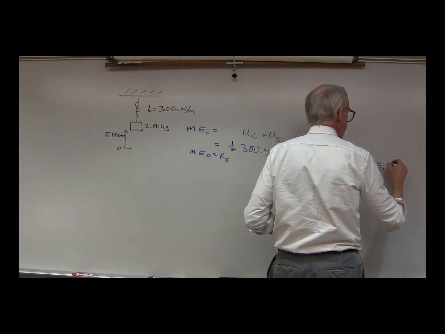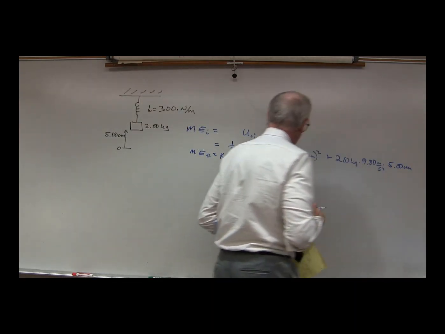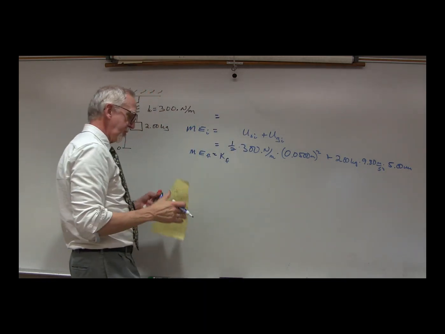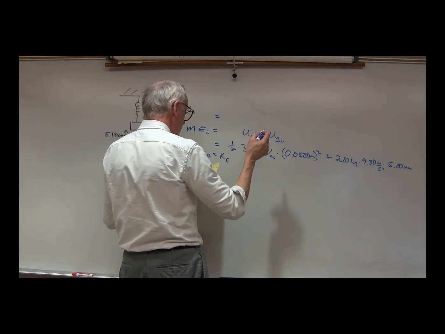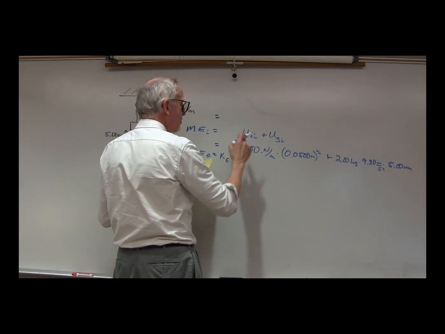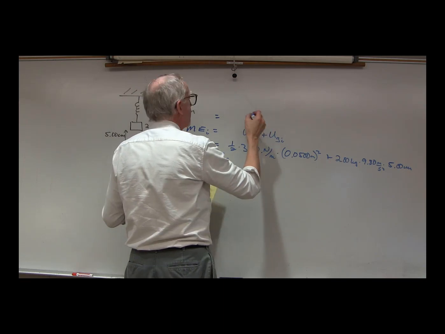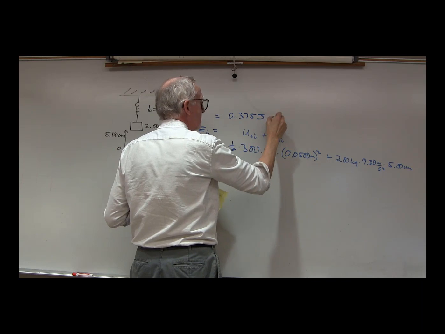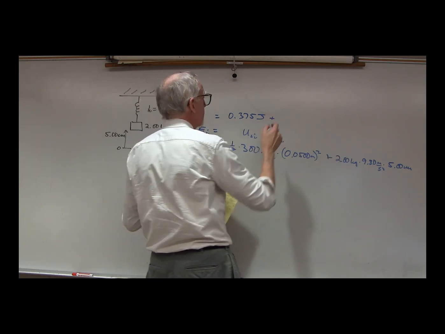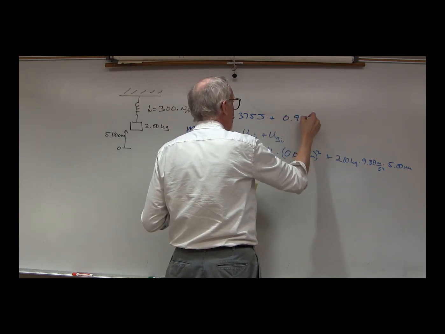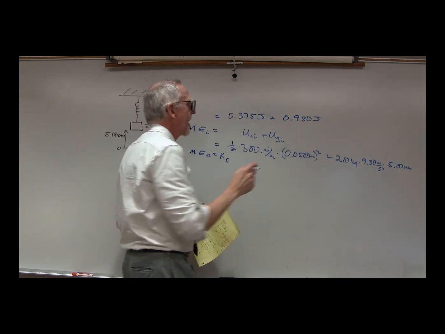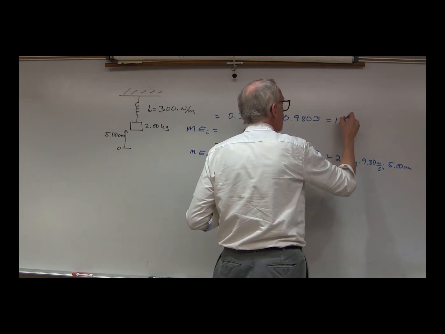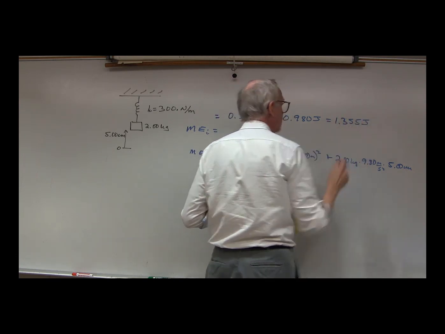Okay, we multiply that out, and what do we get? For the spring potential energy, we get 0.375 joules. And the gravitational potential, we get 0.980 joules. Adding them together, we have a total initial mechanical energy of 1.355 joules.